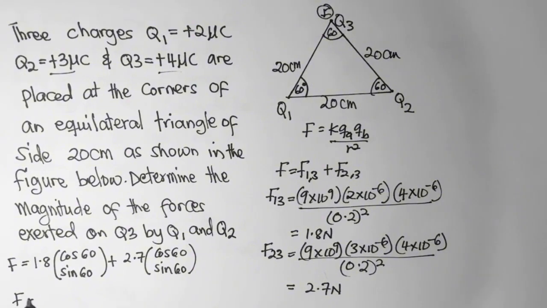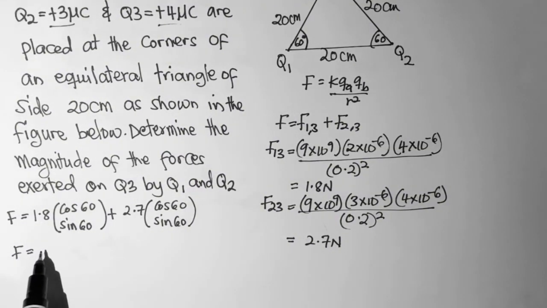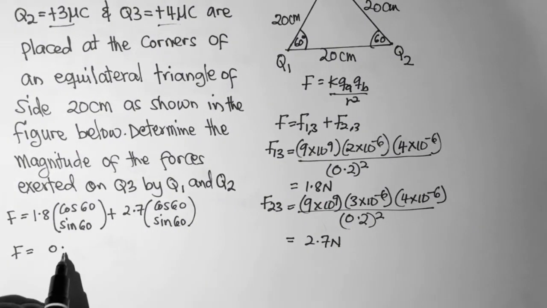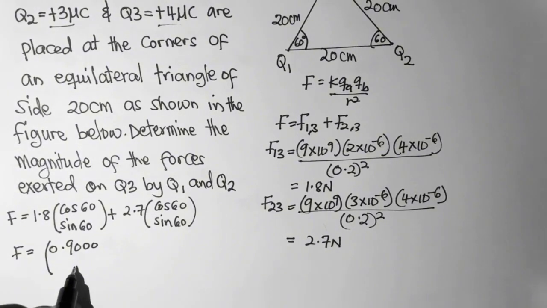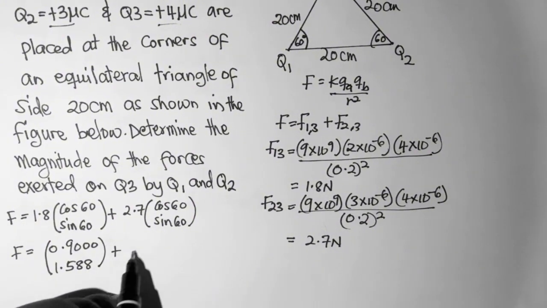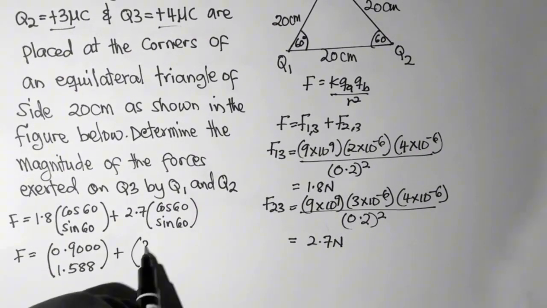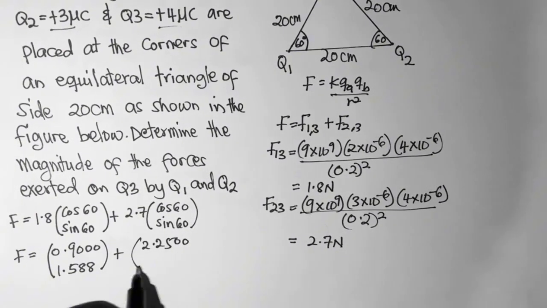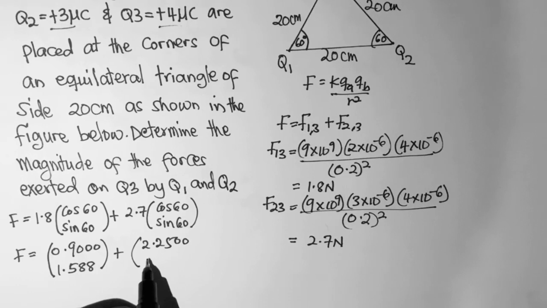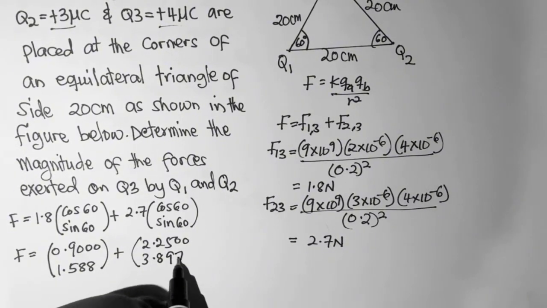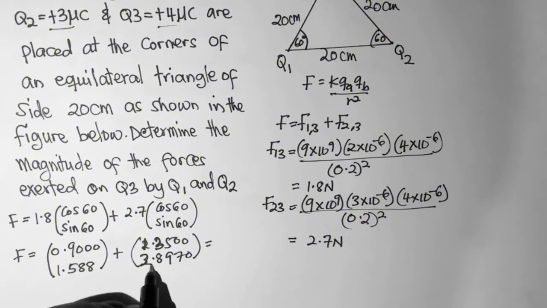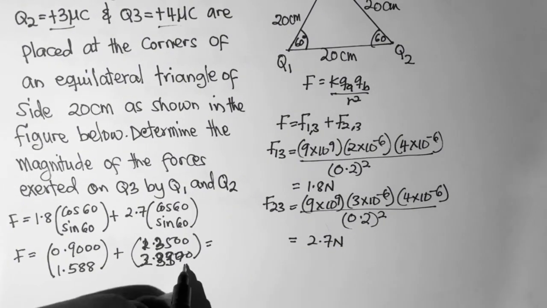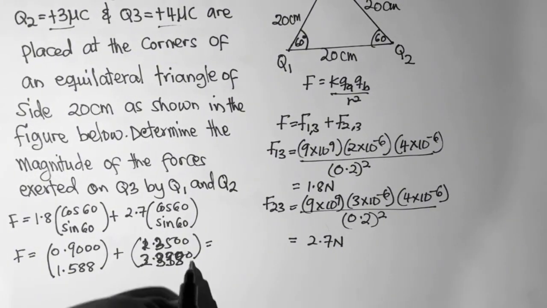So F is equal to, now 1.8 cos 60 is 0.9000, and then 1.8 sine 60 is 1.558, and plus 2.7 cos 60 is 1.35 and 2.7 sine 60 is 2.33082.